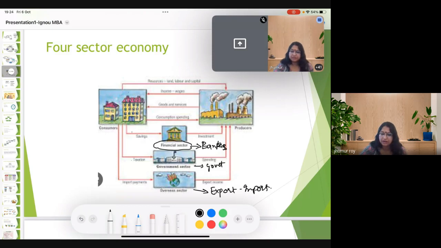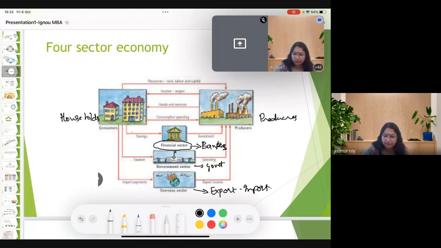Here, if you can't see clearly, I'm writing: this is the producers, this is the households. So now the area has enlarged even more. This is what we currently have. If you see any country, we are in the stage of a four sector economy. You all have banks, so we have a strong financial system or banking system.